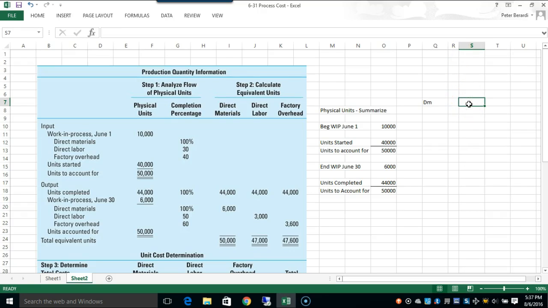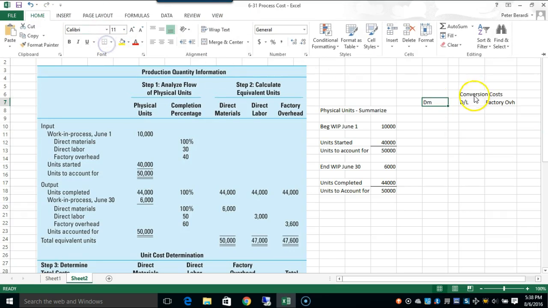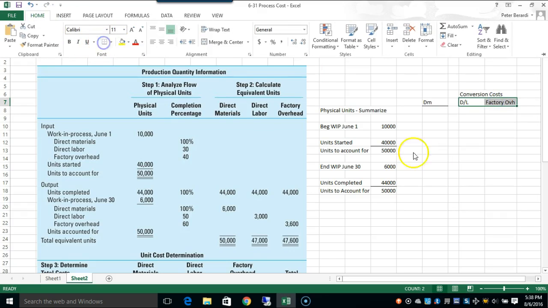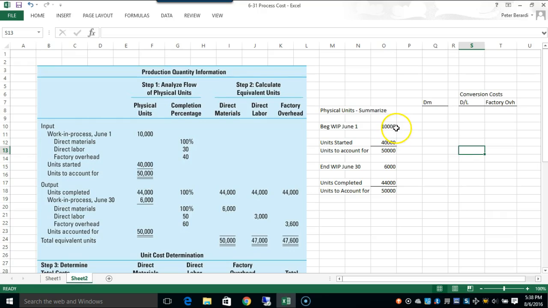But here we're going to do conversion costs split up into direct labor and factory overhead. And basically we have our matrix. So now we're going to convert our physical units into equivalent units.